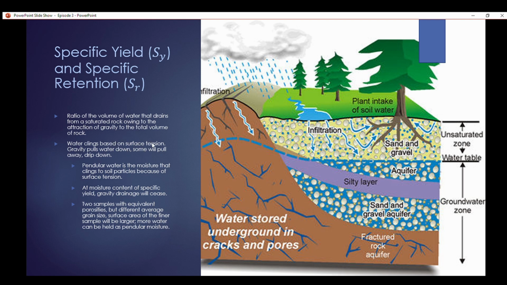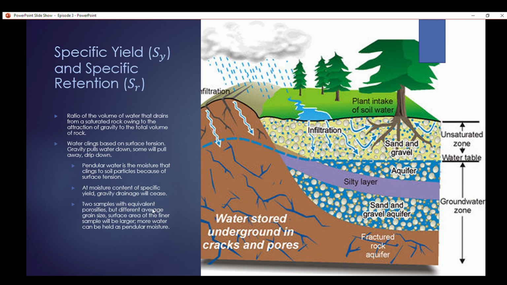Some will pull away and then drip down to the aquifer. Pendular water is the moisture that clings to soil particles in the unsaturated zone because of surface tension. And at moisture content of specific yield, gravity drainage will cease. So basically, you won't have water leaving the aquifer anymore once it's 100% saturated.